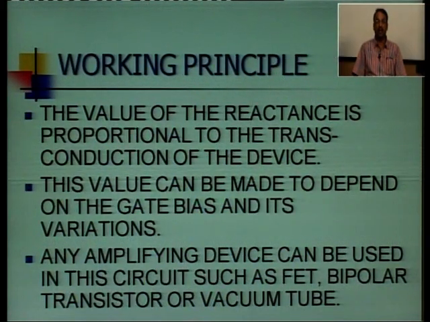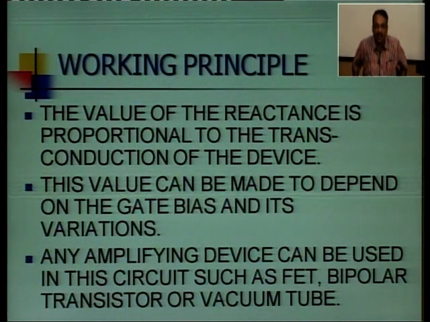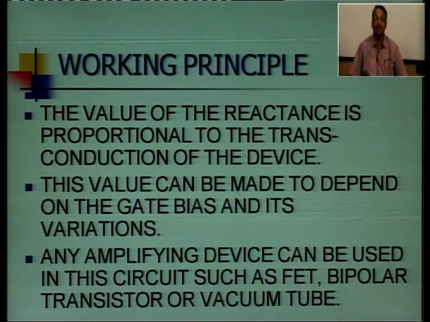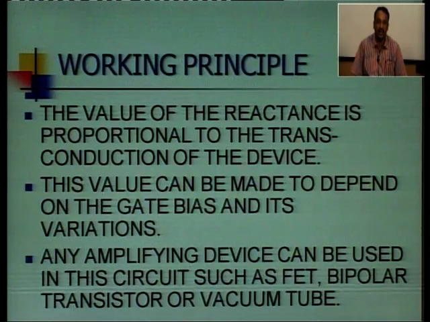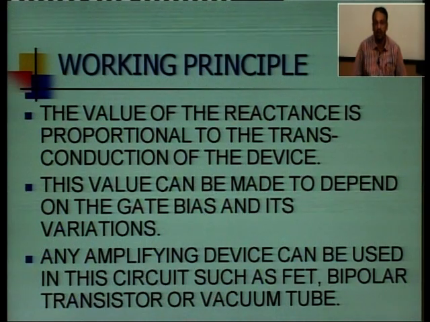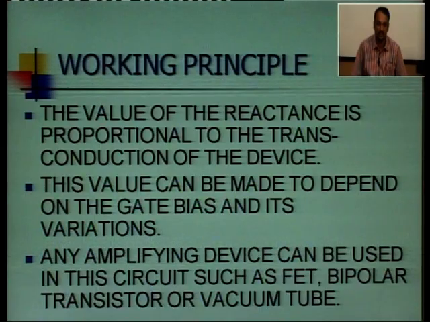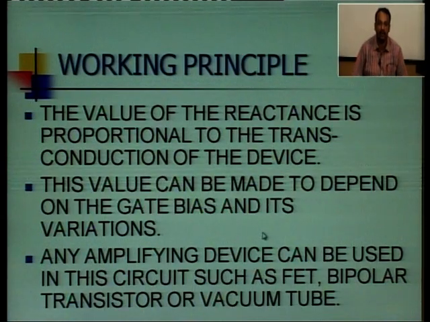The value of the reactance is proportional to the transconductance of the device. This value can be made to depend on the gate bias, as in the case of the FET there are 3 terminals, drain, gate and source. So, the value of transconductance depends upon the gate bias and its variation. Any amplifying device such as a FET, bipolar transistor or vacuum tube can be used as a variable reactance device.